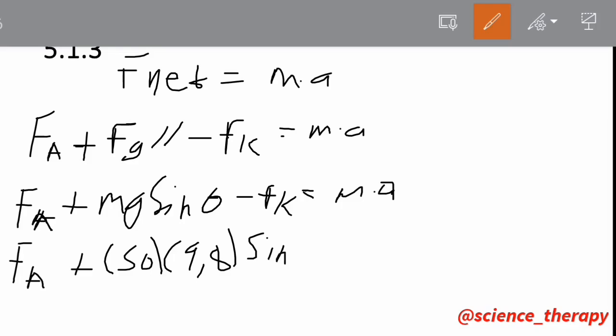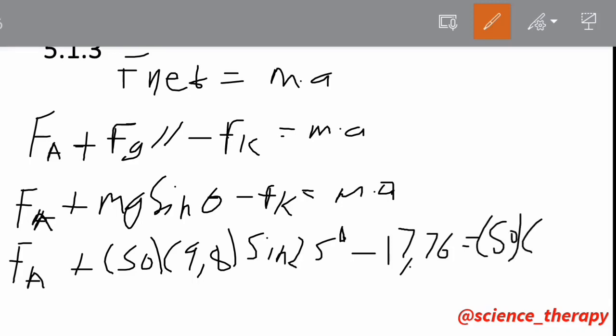This is the angle formed by the slope, which in this case is 25 degrees. Then what's our Fk? Remember, in the statement we are given 17.76, and then our mass 50. But then remember, we've been given the acceleration to be 5 meters per second squared.